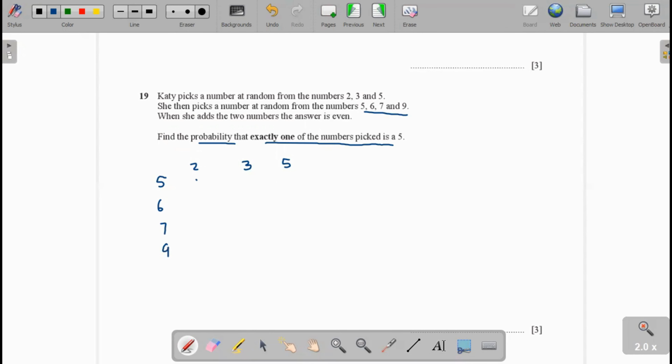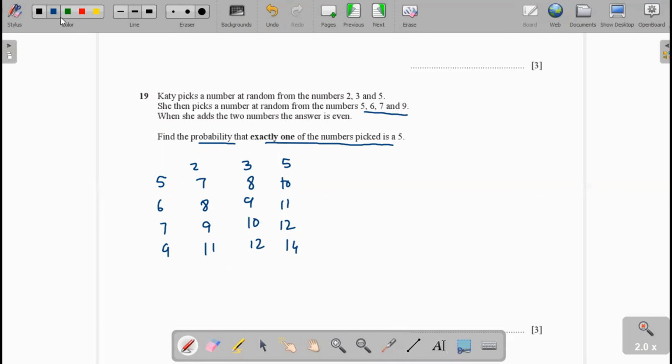She adds these numbers: 5 plus 2 is 7, 5 plus 3 is 8, 5 plus 5 is 10, and the same as 6 plus 2, 6 plus 3, 6 plus 5, and 7 plus 2, 7 plus 3, and 7 plus 5 is 12, and 9 plus 3 is 12, and 9 plus 5 is 14.